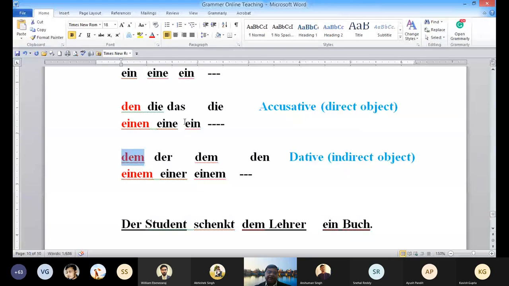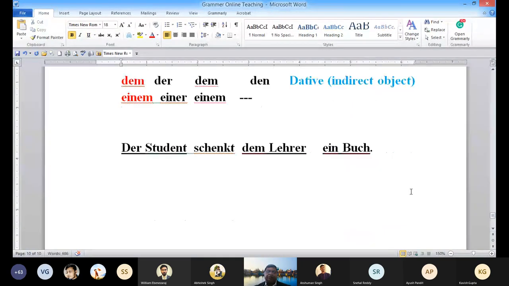Is something you have to select from here. And because book is a neuter gender, so something from neuter gender, so either it should be das or it should be ein. So here we write ein because we generally say a book. So here ein will be. So these are the articles which are used before every noun.